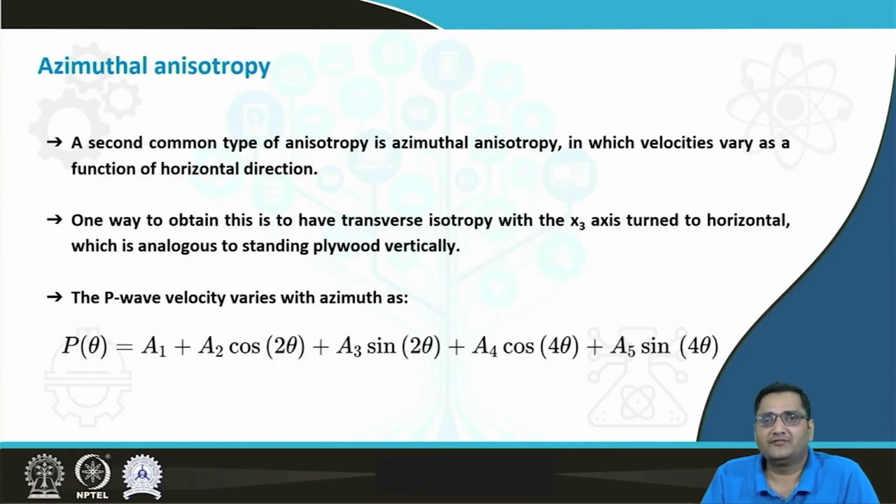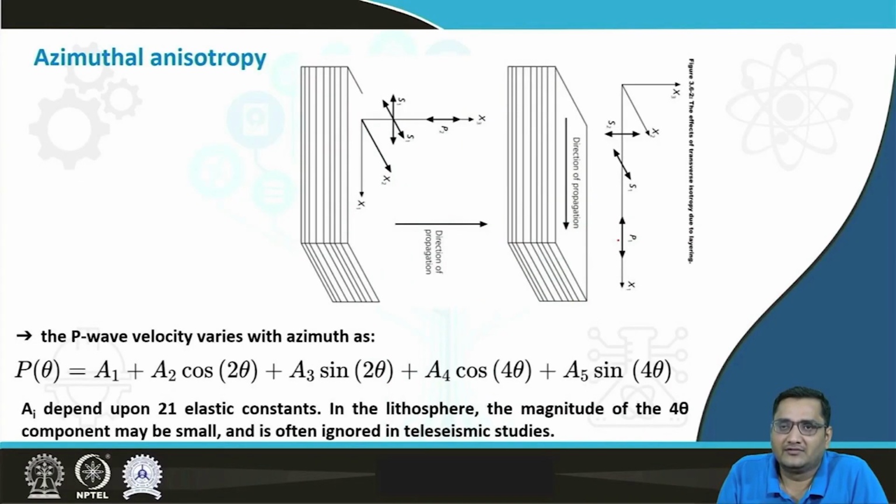Now let's start with azimuthal anisotropy. This is the second common type of anisotropy, in which the velocities vary as a function of horizontal direction. One way to obtain this is to have transverse isotropy with the x3 axis turned horizontal, which is analogous to extending plywood vertically. So this is the situation.